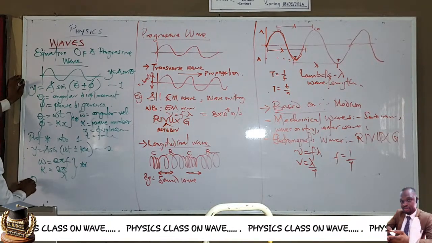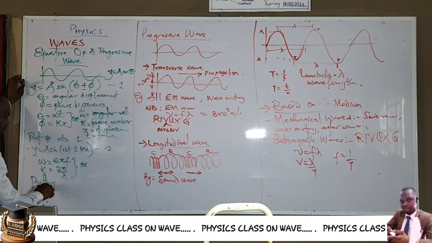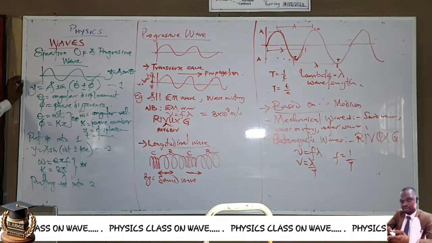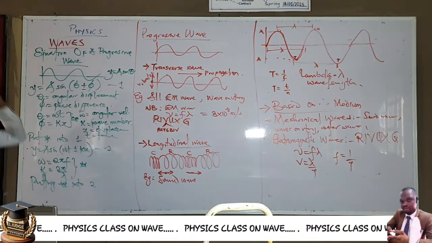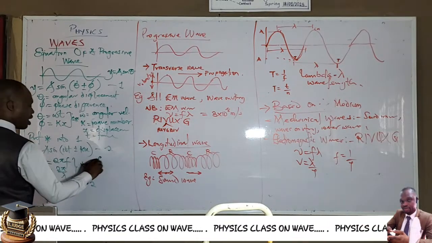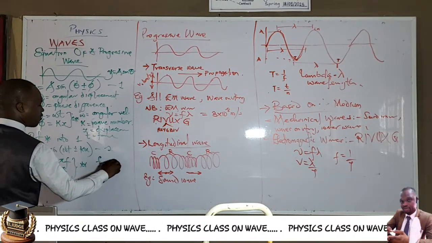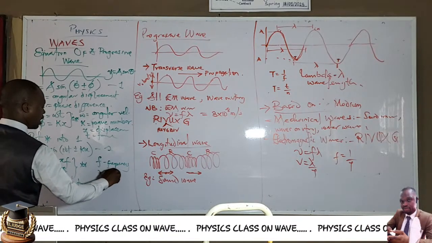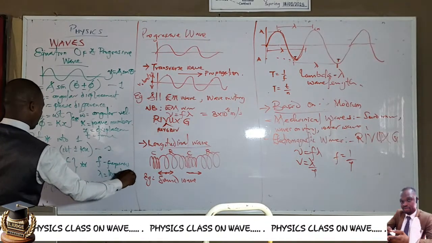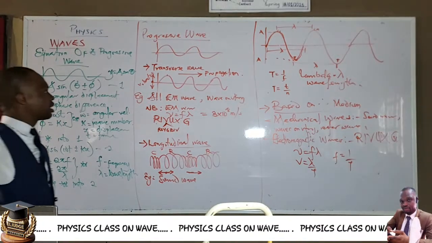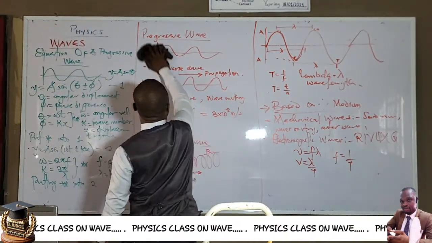So putting star star into equation 2, we already know this from the previous classes, where f is the frequency of the wave and lambda is the wavelength.